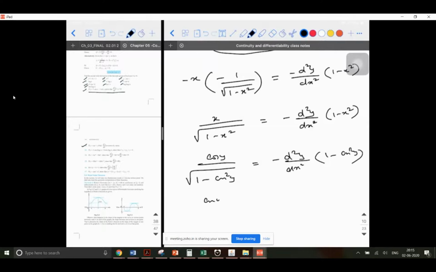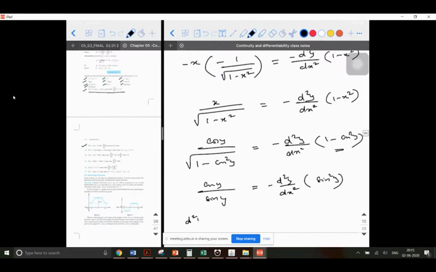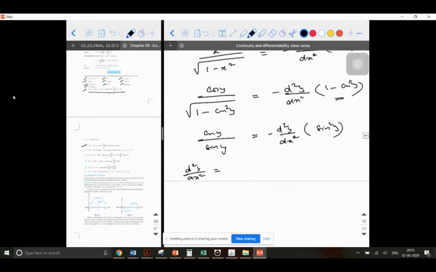Cos y divided by root of 1 minus cos square y is sin y, is equal to minus d square y by dx square into 1 minus cos square y, which is sin square y. So d square y by dx square will be equal to minus of cos y divided by sin y into 1 by sin square y.